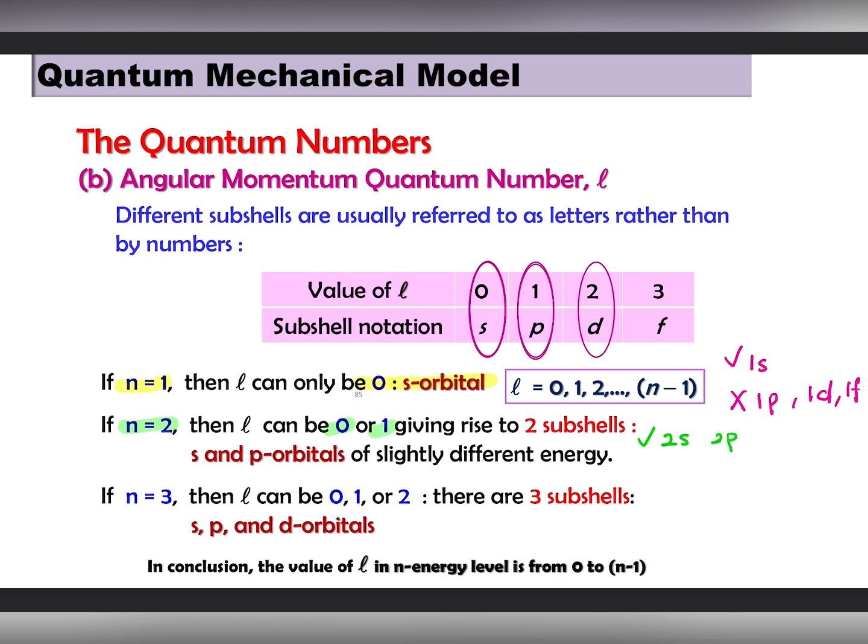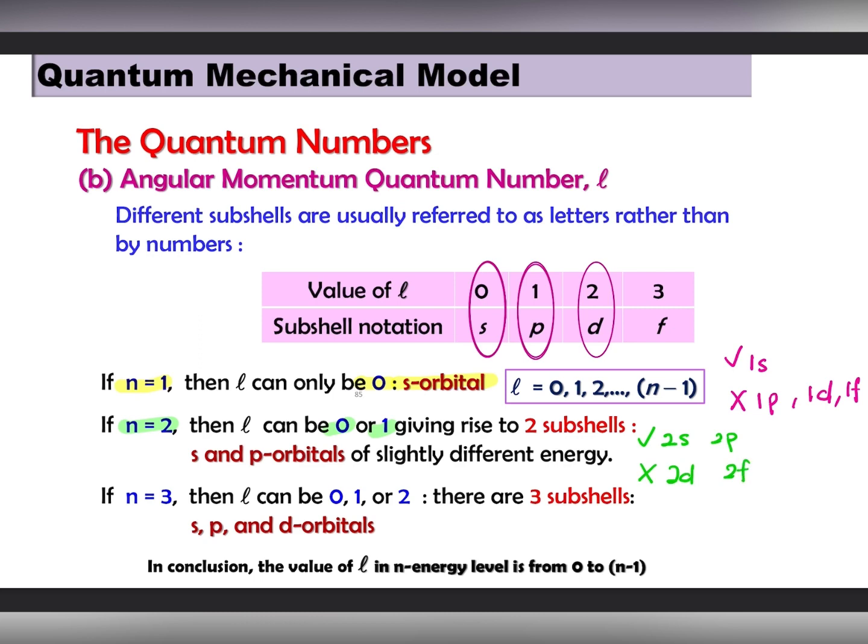Okay, so kenapa 2s? 0 here indicates s orbital. So 1 indicates p orbital. So dia boleh wujud 2s, 2p orbital. 2 dekat depan ni adalah dia punya energy level ataupun principal quantum number. N equals 2, yang tak akan wujud adalah 2D dengan 2F, tak boleh wujud lah.